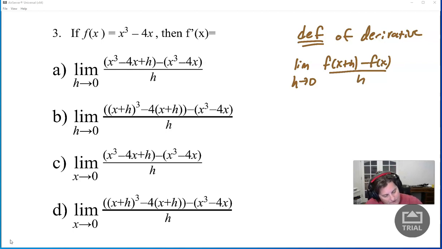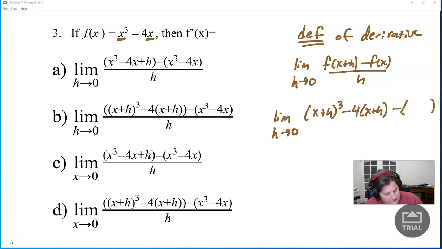Now when I plug in x plus h here and x plus h there, I get x plus h to the third minus 4 times x plus h, minus x to the third minus 4x, all over h. So look, this part right here is f of x plus h.